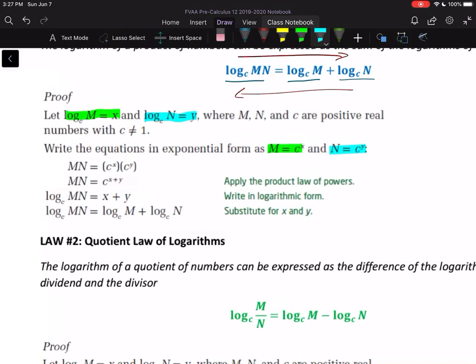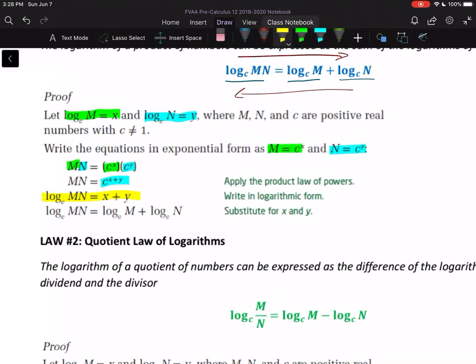Now if you multiply those two together, m times n, you're essentially multiplying c to the x times c to the y, which using the product of powers exponent rule would give c to the x plus y. Then putting it into logarithm form, you'd end up with this situation here.